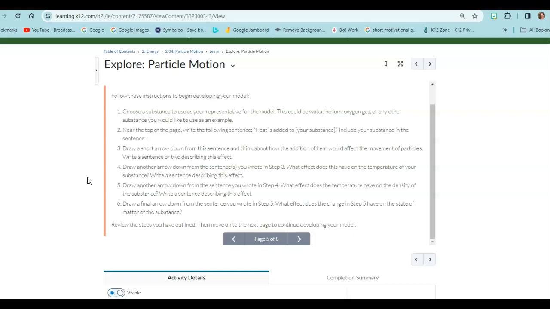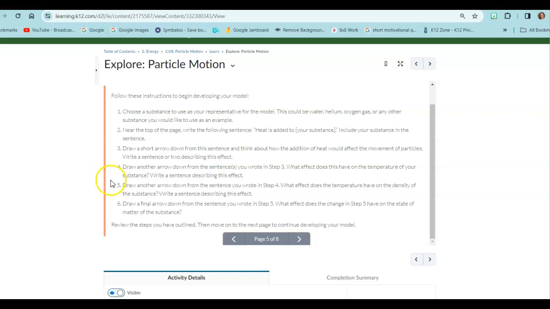If you think about setting down a hot mug of something to drink, the heat leaves it, and usually they go to an equilibrium, right, where your drink becomes room temperature. So think about drawing that arrow and how you would explain the addition of heat, how it affects the movement of the particles. Do they speed up? Do they slow down?